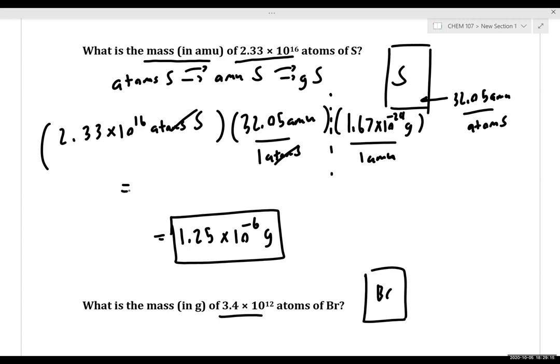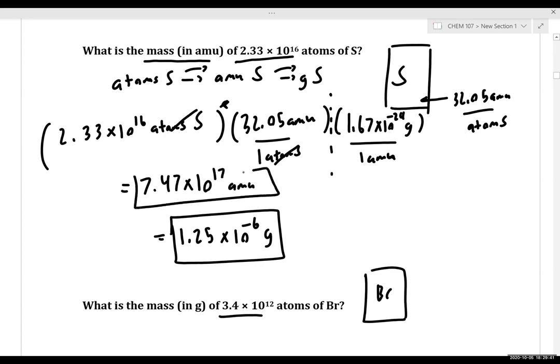Yep. I'm just showing how to calculate the mass in grams because it's an extension of the calculation from AMUs. If we stop just at the mass in AMUs, we'd just perform the first step of this calculation, and that would give us 7.47 times 10 to the 17th AMU.